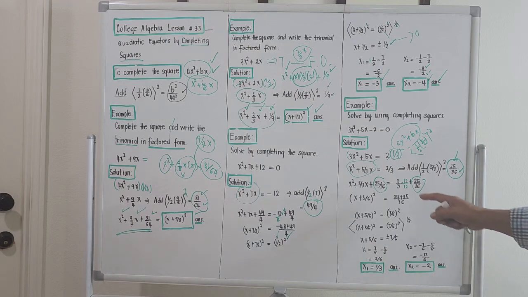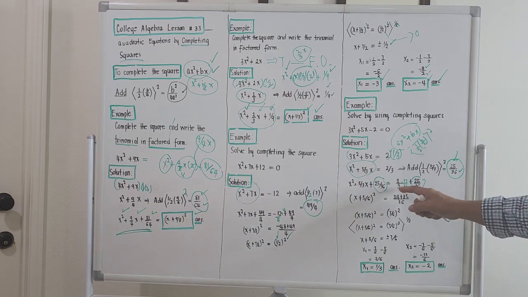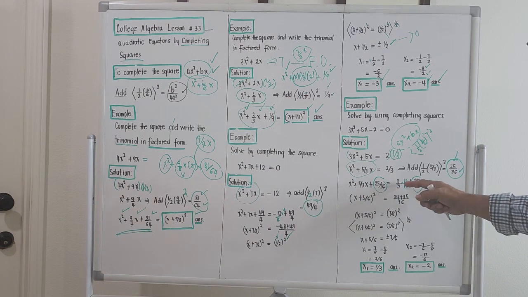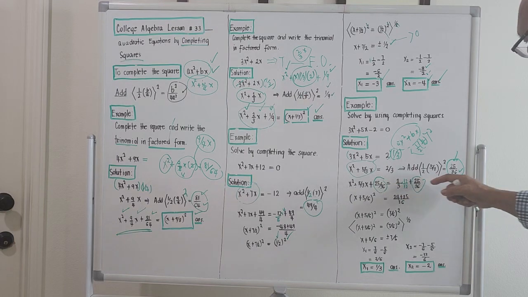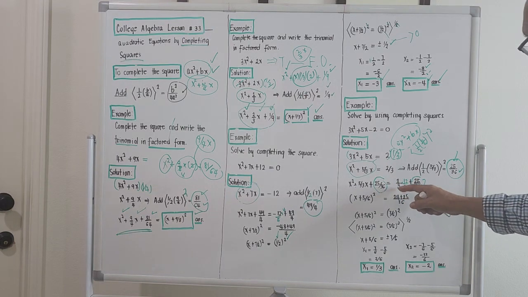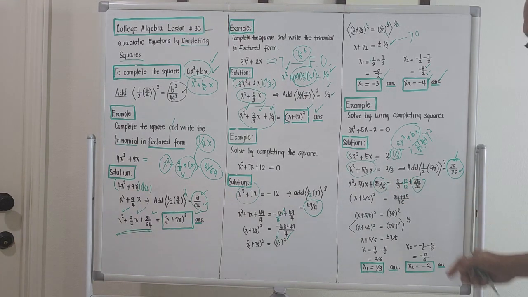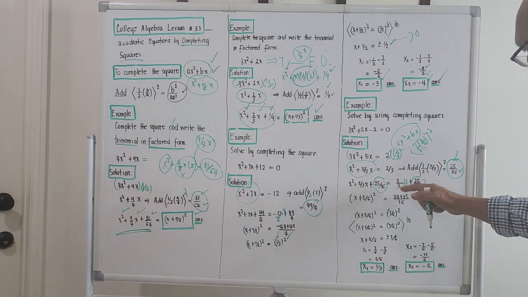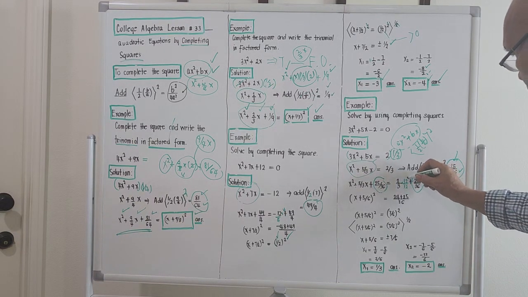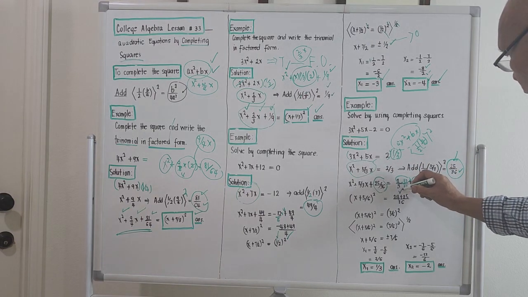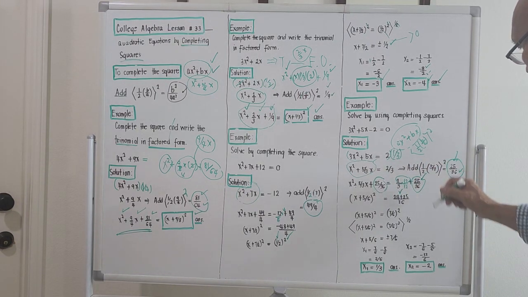The right hand side is 2/3 plus 25 over 36. But the denominator of this is 3, so for us to combine it, the denominator should be 36. So we multiply the 2/3 by 12 over 12. So 2 times 12 will be 24 plus 25.